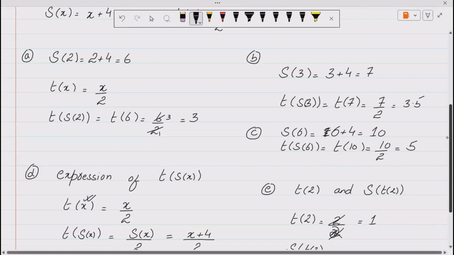Right? Now part C. Part C is we have to find the expression of M M x. So first take M of x. M of x is 3x. Now we have to find M of M of x. So instead of x, we place M of x.